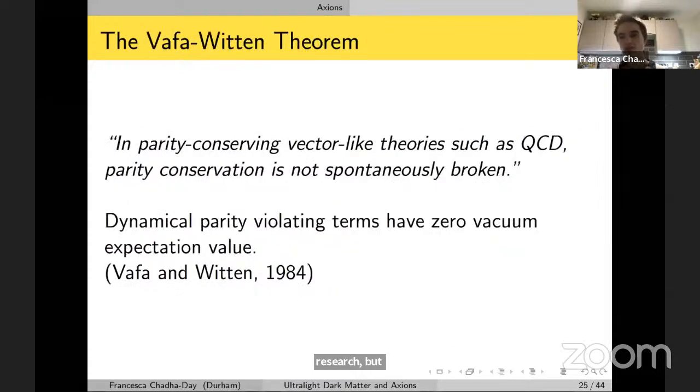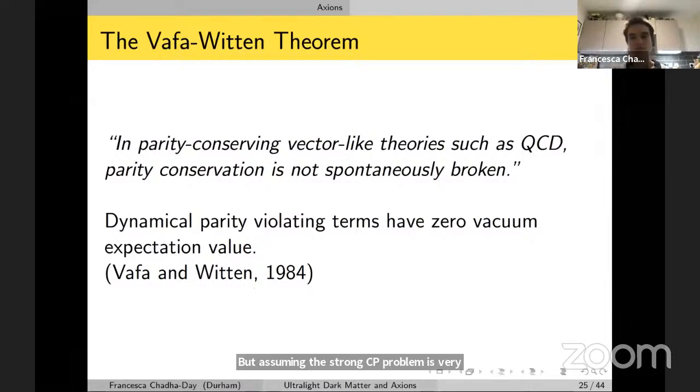But assuming the strong CP problem is really a problem, how do we solve it? One attempt at a solution can come from the Vafa-Witten theorem. This theorem says that in parity conserving vector-like theories, such as QCD, parity conservation is not spontaneously broken.